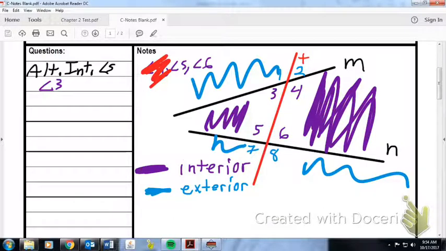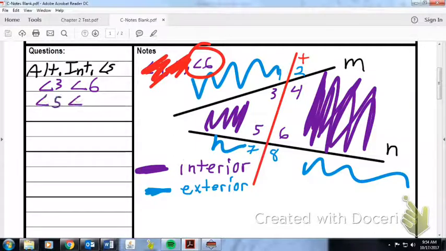Let's look at 5. Well, 5 is on the same side, so it can't be 5. So we have 6. Really quickly, with your study buddy, take about 45 seconds and come up with the other alternate interior angle pair. Go ahead, pause it, give them 45 seconds, and then come back.